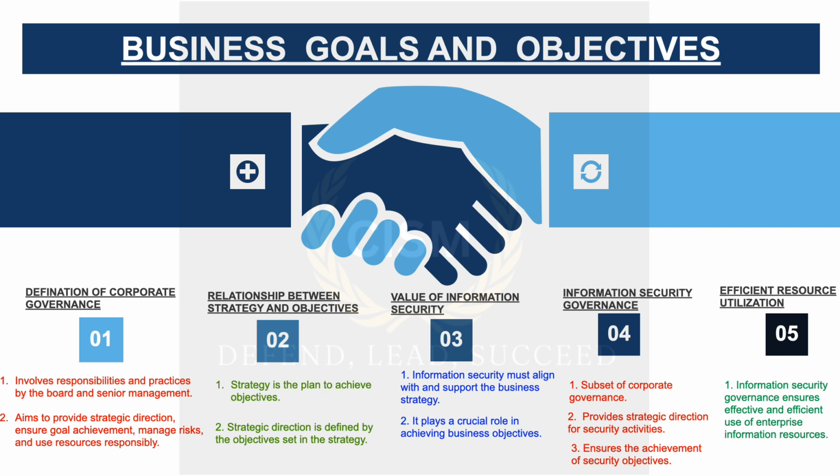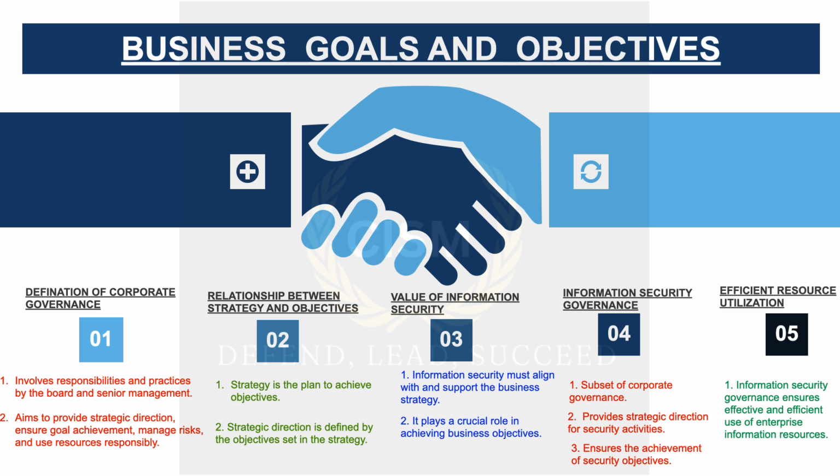Its purpose is to ensure the accomplishment of security objectives and the effective management of information security risk. Friends, by providing a structured framework, it guides organizations in maintaining the confidentiality, integrity, and availability of information assets, aligning the security effort with the broader corporate goals.